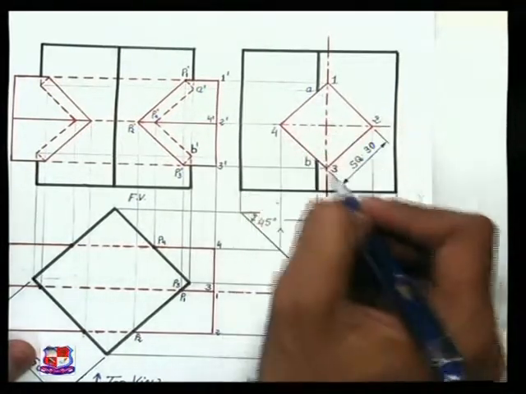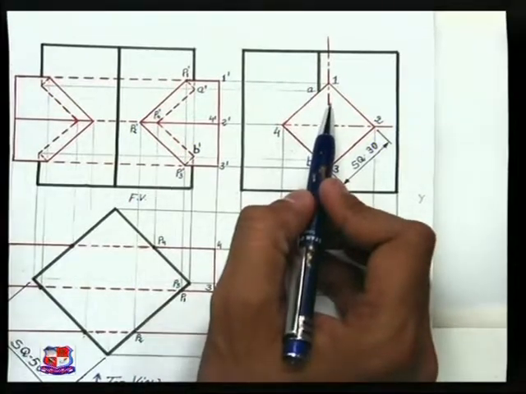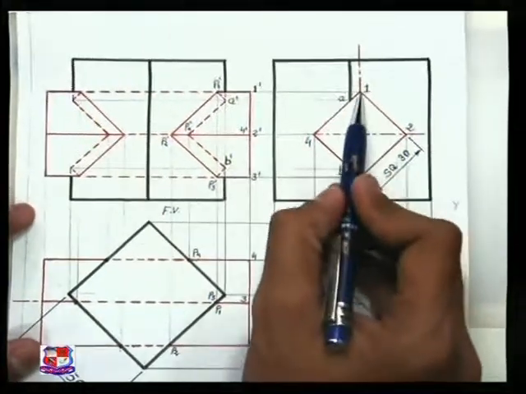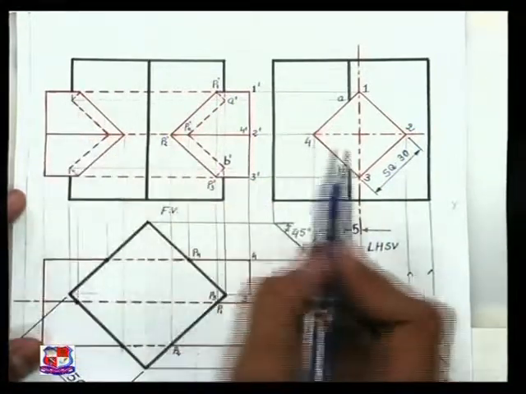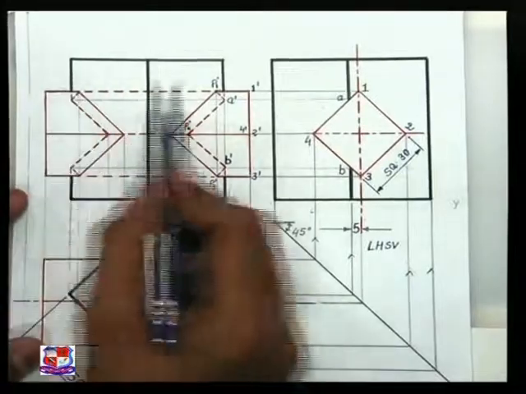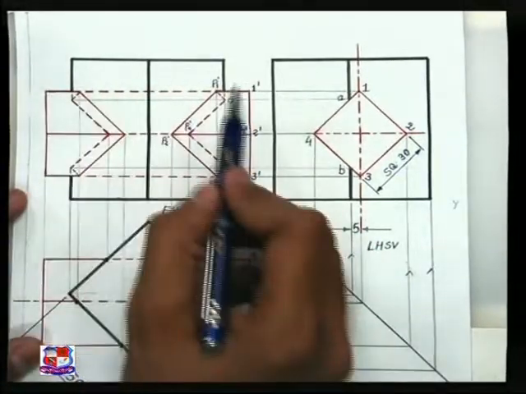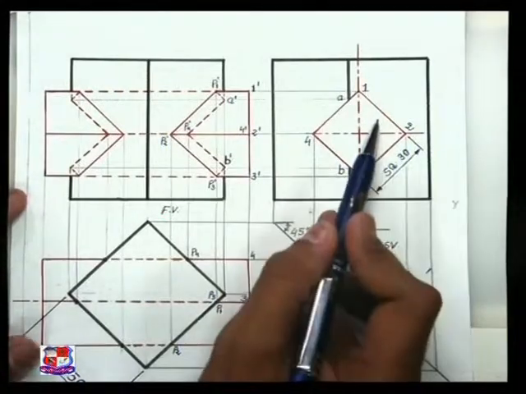After drawing this square, let me draw its side view and top view. For that, this is point number 1, from 1 draw a horizontal line like this, and from 2, 3 and 4. So here one rectangle would be there. That rectangle shows the front view of this prism.